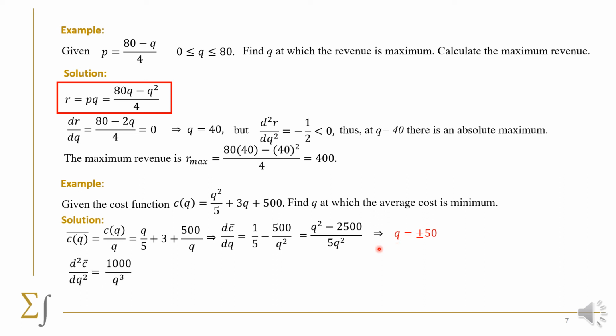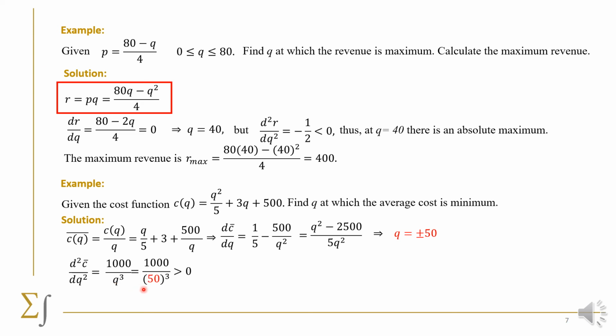Next, we find the second derivative of the average cost. I differentiate this part. What's the derivative of 1 over 5? It is 0. And here's the derivative of minus 500 over q squared. It's 1000 over q cubed. We need to evaluate this second derivative at q equals 50 and check its sign.